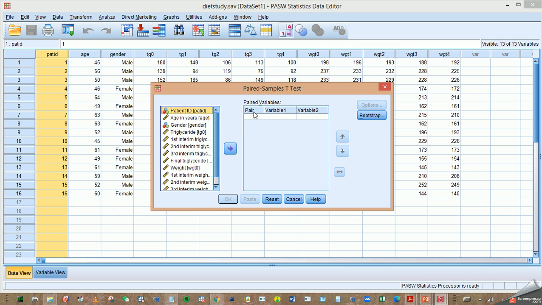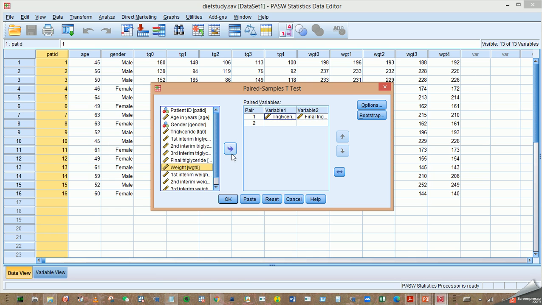Now here we choose the first pair of variables that we want to check. So we have the triglyceride as the first variable, compared with the triglyceride at the final test. We are testing if there are any significant differences between these variables.